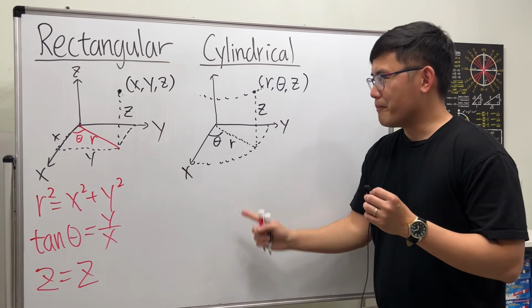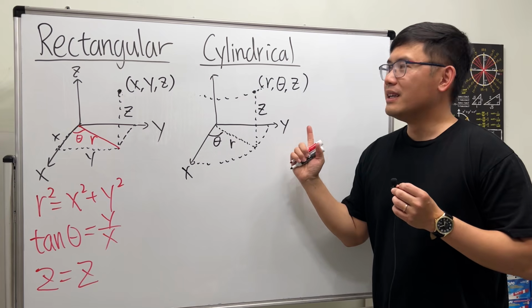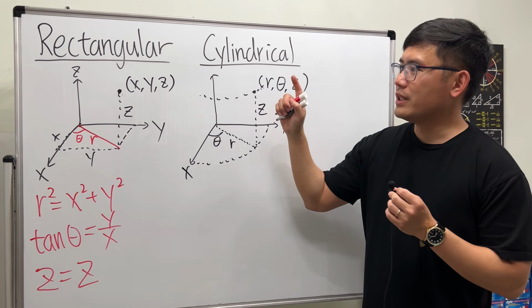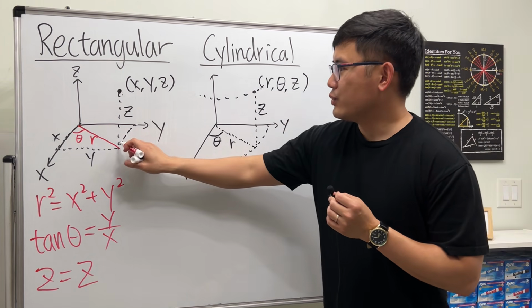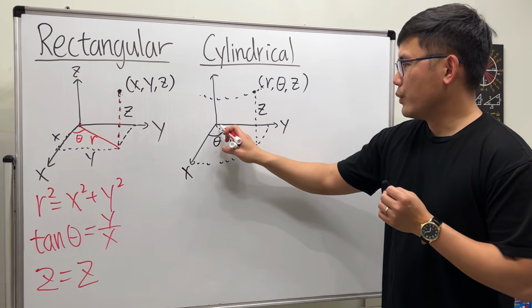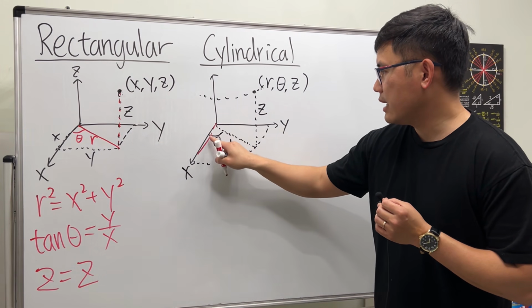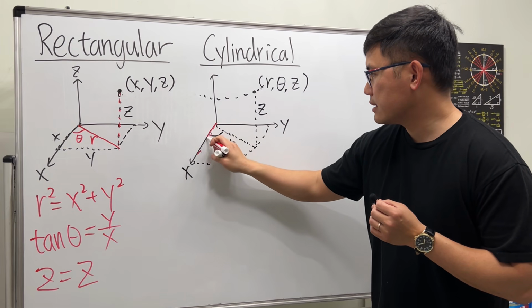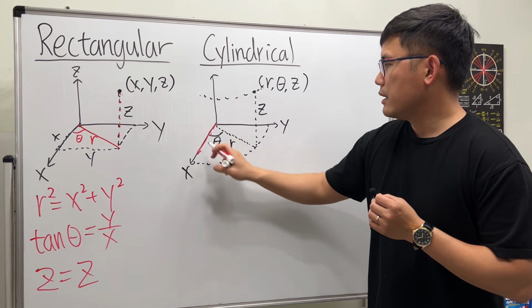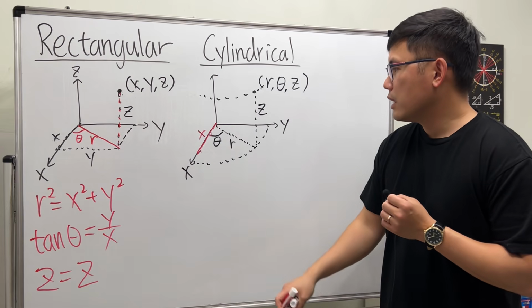Done. Now, suppose we're given the cylindrical coordinates, how do we get to the rectangular system? Here, we will have to project the x from here to here, right? So let's say this right here is the x distance. Let's focus on the x first.